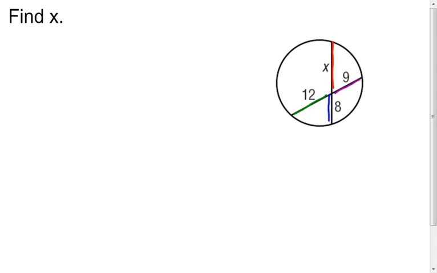I'll know that the red and the blue multiplied together is going to equal the green and the purple multiplied together. So I'm going to end up with 8 times x, and that's going to equal 12 times 9. Now I have an equation to solve. I'm just going to get my x all by itself right away.